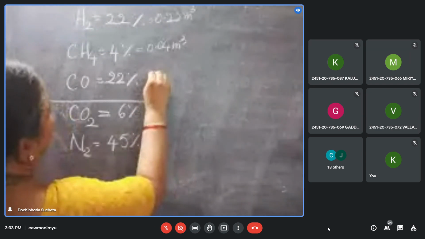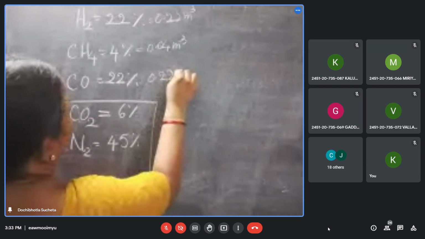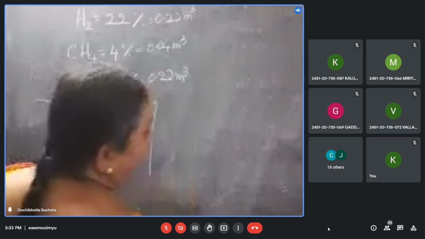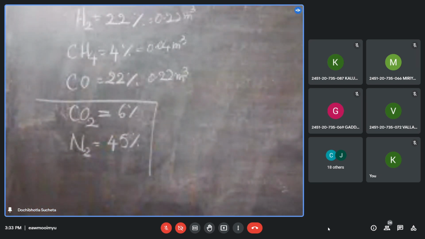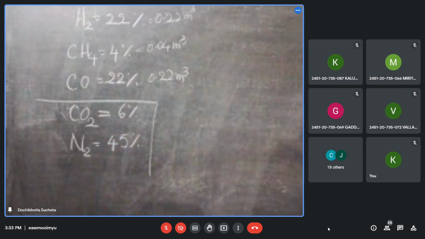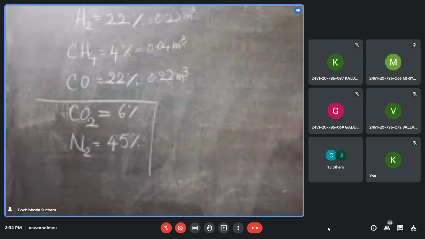For carbon monoxide, again 0.22 meter cube, calculate the amount of oxygen required. Just calculate the total amount of air. I'll get back in a minute.